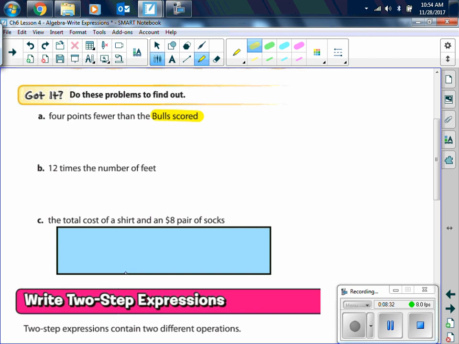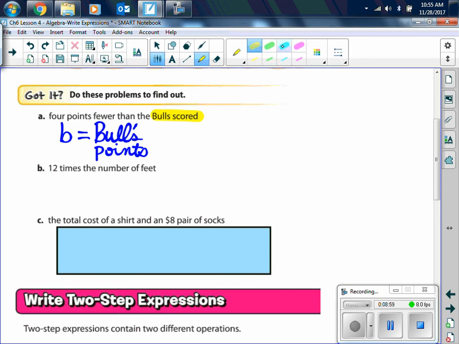So what variable do we want to use? P for points? B for Bulls? B equals Bulls points. Okay, so what do we want to do to the points here? Subtract.